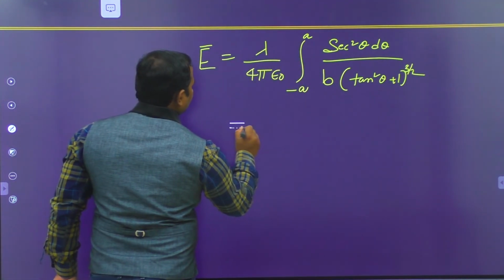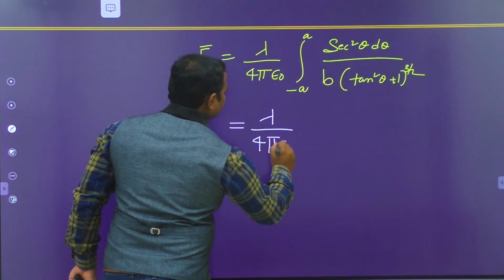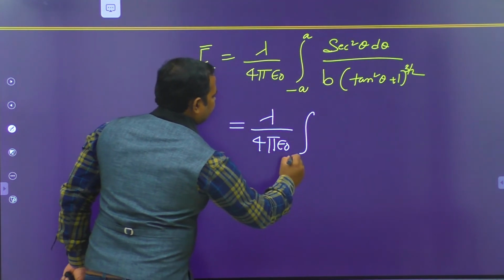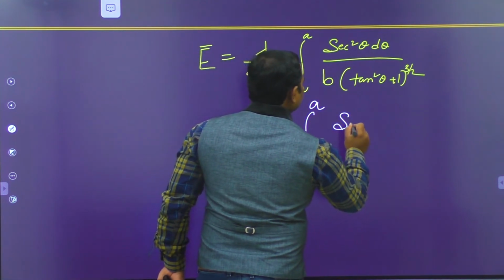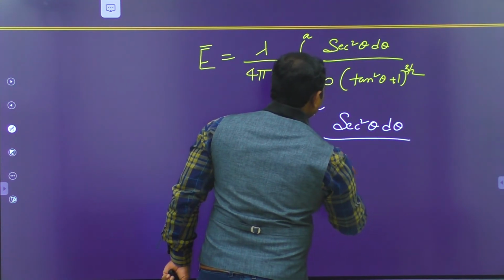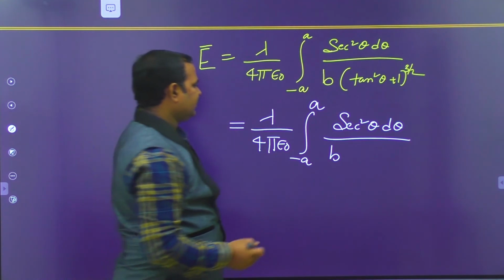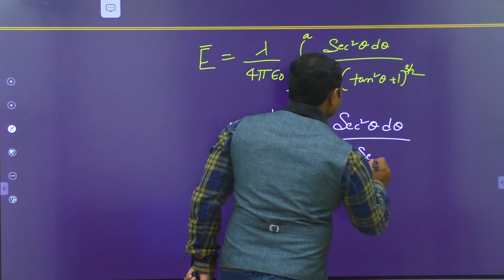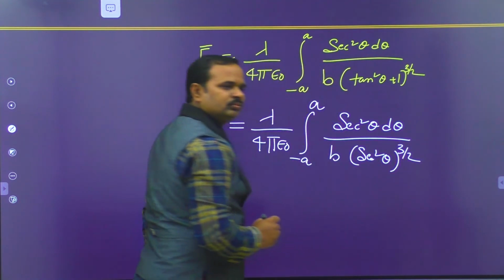Which is equal to lambda by 4 pi epsilon naught, integration runs from minus a to plus a, secant square theta d theta by b into 1 plus tan square theta. 1 plus tan square theta means secant square theta, whole power 3 by 2.